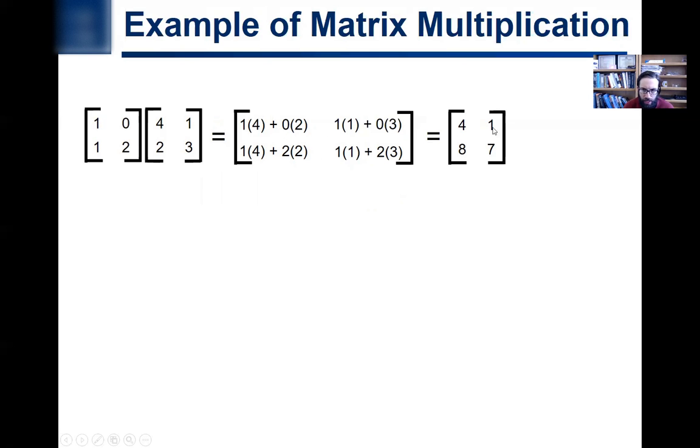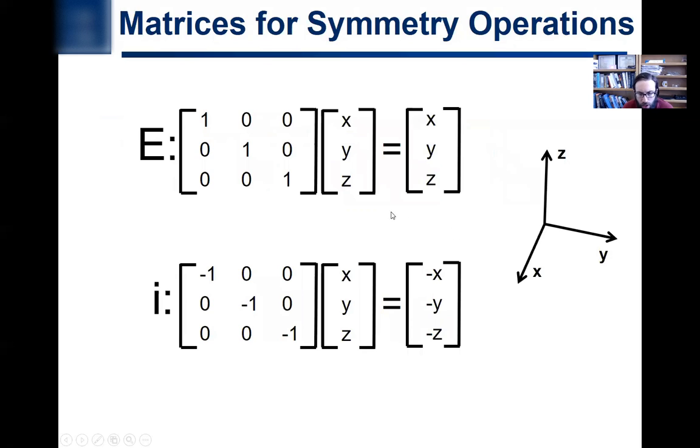Then to get this entry, we take the first row dotted with the second column. So 1, 0 dotted with 1, 3 gives you 1. And then 1, 2 dotted with 4, 2 gets you 8. And 1, 2 dotted with 1, 3 gets you 7. So the reason why we're doing this is, let me just stop right there, actually.